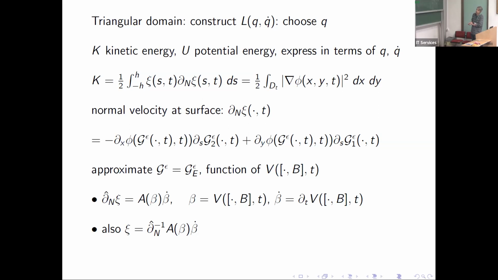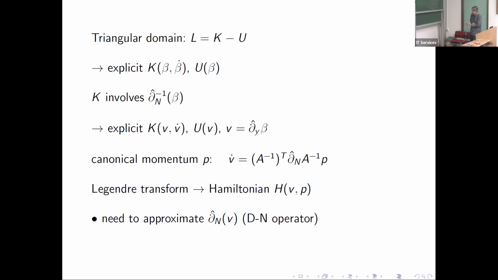And then also you have some expression where you have the inverse Dirichlet-Neumann operator. So we basically put all this in the kinetic energy, and obtain some explicit expression of the kinetic energy in terms of these variables, which are basically the auxiliary potential at the free surface.